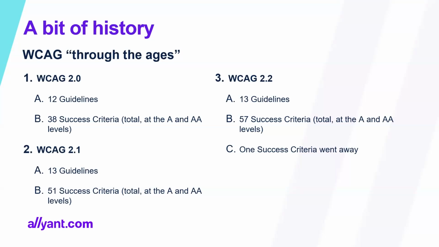And then with WCAG 2.2, there are 13 guidelines, so no additional guidelines, but now there are 57 success criteria at the single and double A levels. And then to make the math even more fun, one success criterion from WCAG 2.0 and WCAG 2.1 went away, right? So one went away and more success criteria were added.